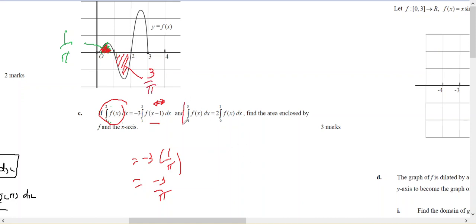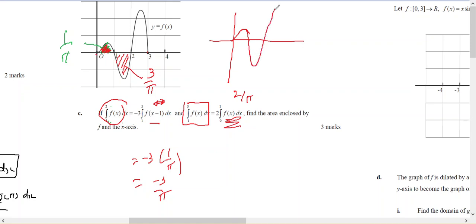And I'm told that for 1, 2, 3, this whole area is going to be 2 lots of what the function f of x between 0 and 1 is. That's going to be 2 on pi. But remember, this total area is this positive minus these 3 plus all of this.